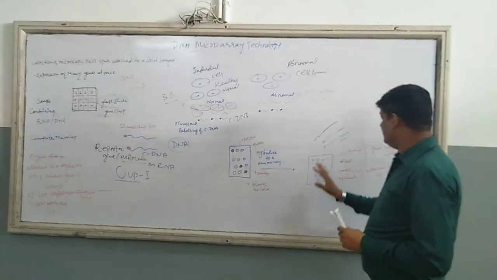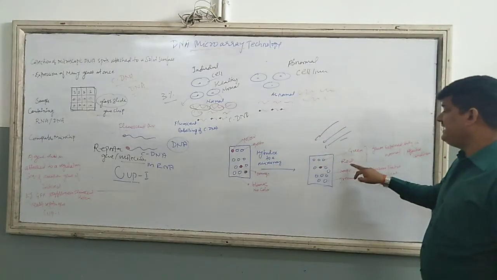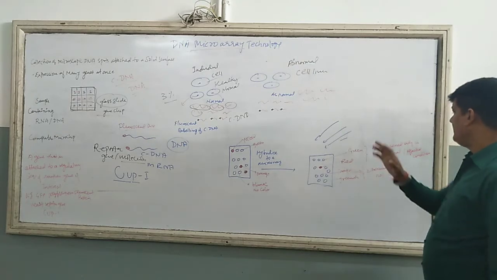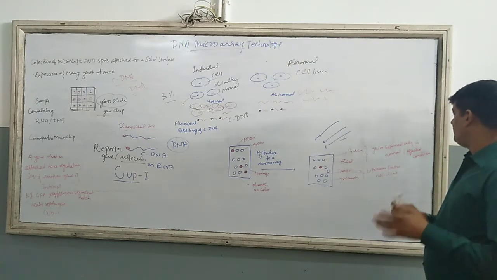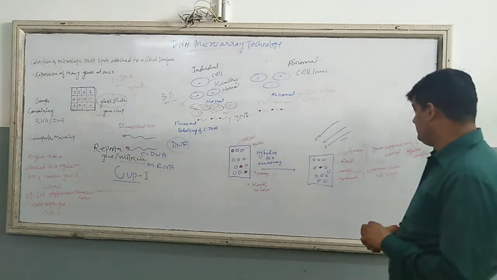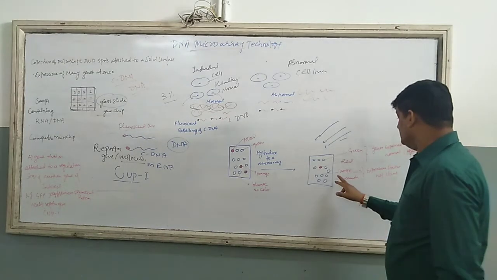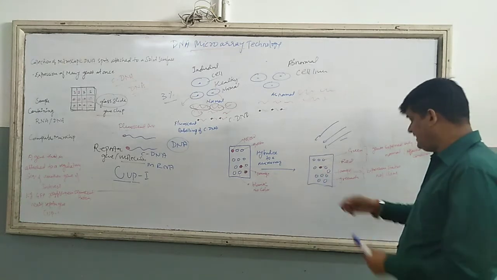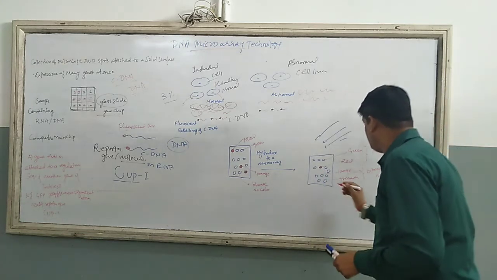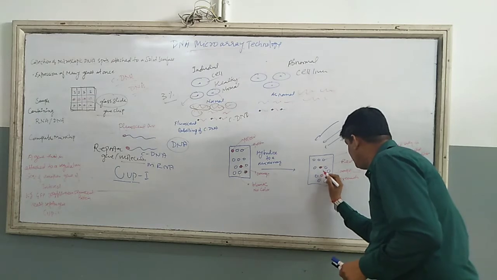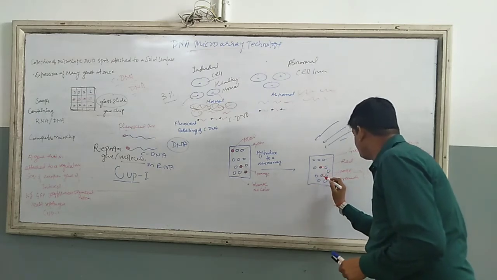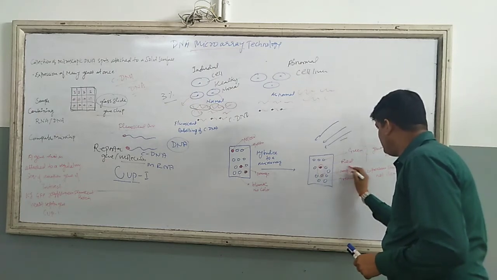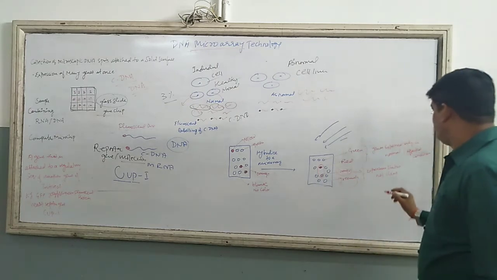So the green circle and red circle express the normal or affected condition. Next, the orange and greenish colors.